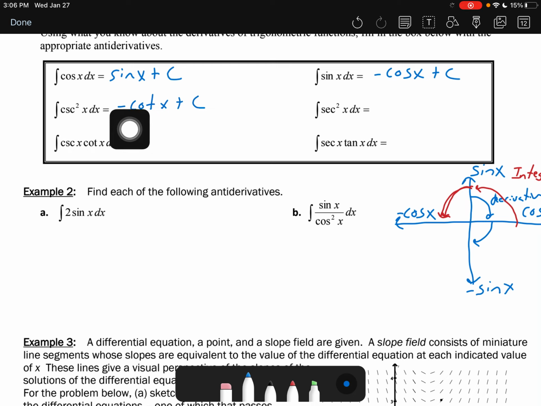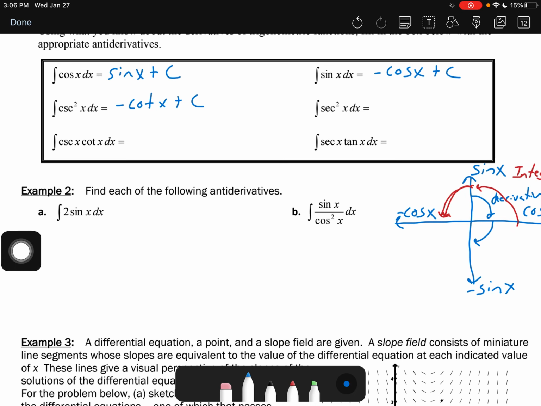That was kind of a trick for remembering which ones were negative. The secant squared: if you took the derivative of tangent, you got secant squared, so the antiderivative of secant squared would be tangent of x, plus c. The cosecant times cotangent, since it's the cofunction, is going to be negative cosecant x plus c.